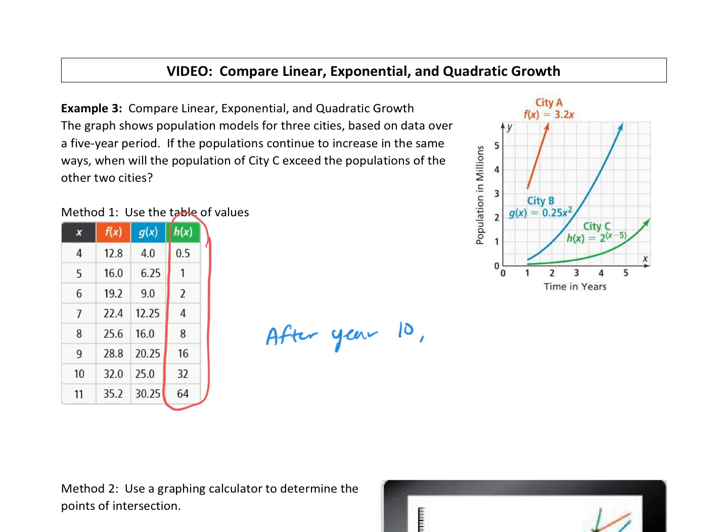So we just say after year 10, we know it happened at some point. The population of city C is greater than those of cities A and B.